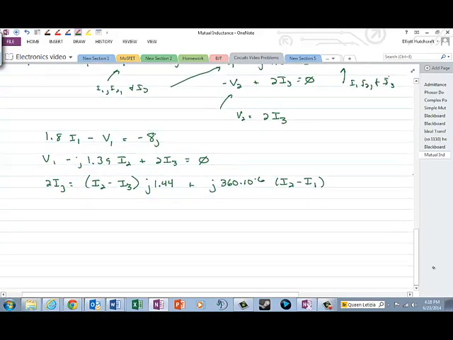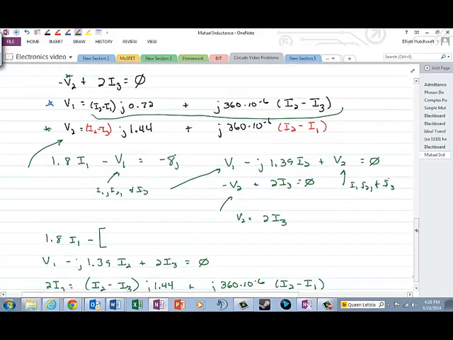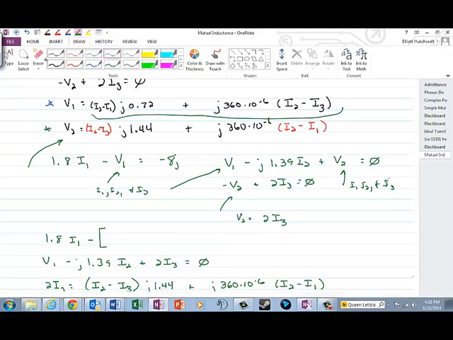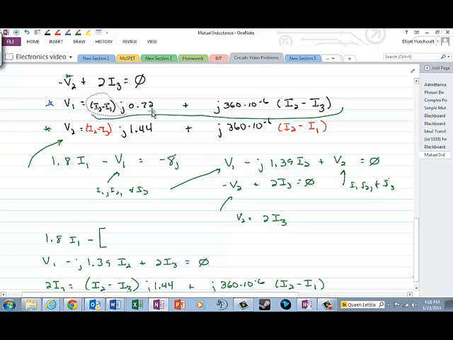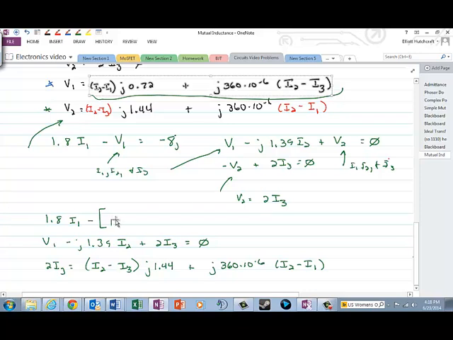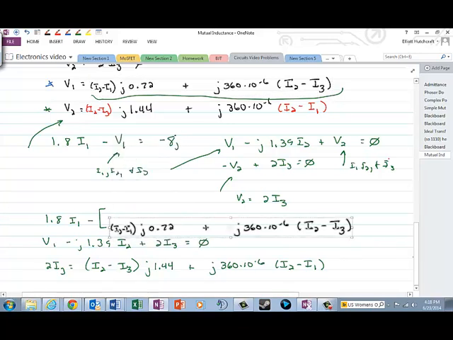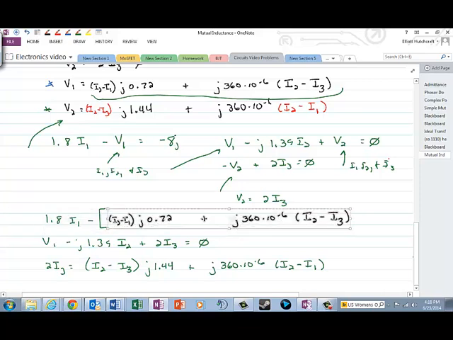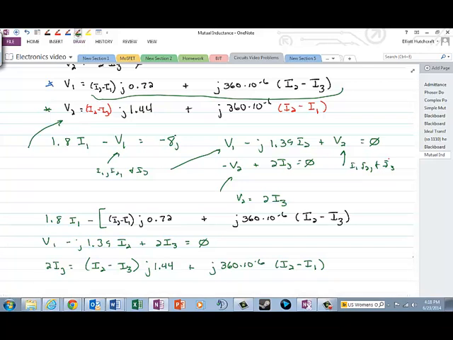So I'll put this expression for V1 in place of the minus V1 in here, and then close my bracket off.